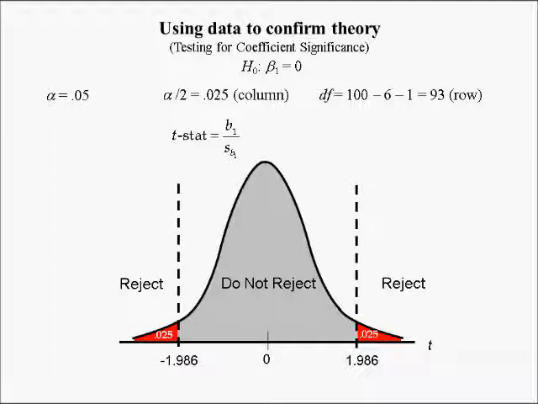If the t-stat is out here, then we can conclude that beta 1 is positive. If the t-stat is down here, we're going to conclude that beta 1 is negative.